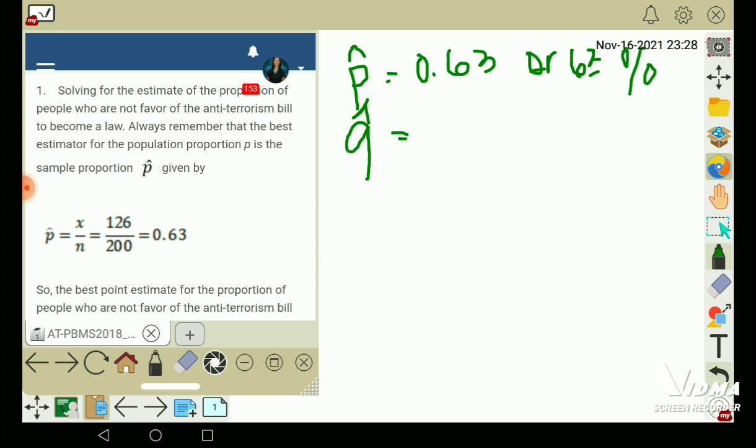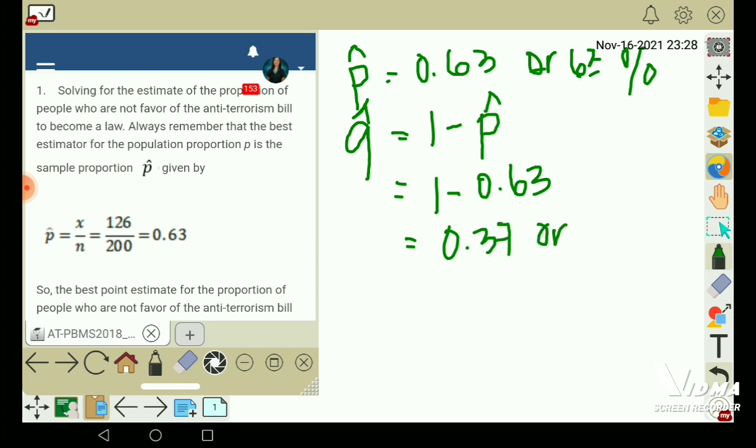So what we're going to do is simply use q hat, the sample proportion of those who are in favor. That is simply 1 minus p hat. Substituting, we have 1 minus 0.63, and that is given by 0.37, or 37% are in favor of the anti-terrorism bill.